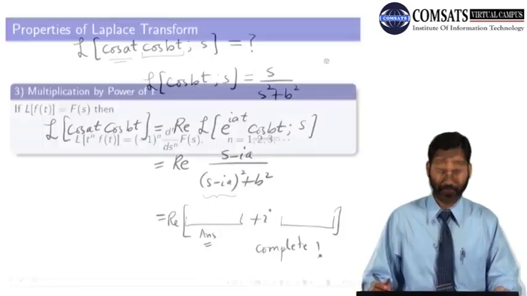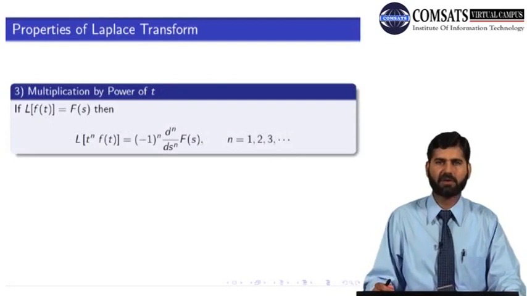All right, then we have the formula for multiplication by a power of t. If the Laplace transform of f(t) is F(s), then the Laplace transform of t to the n times f(t) is as follows.